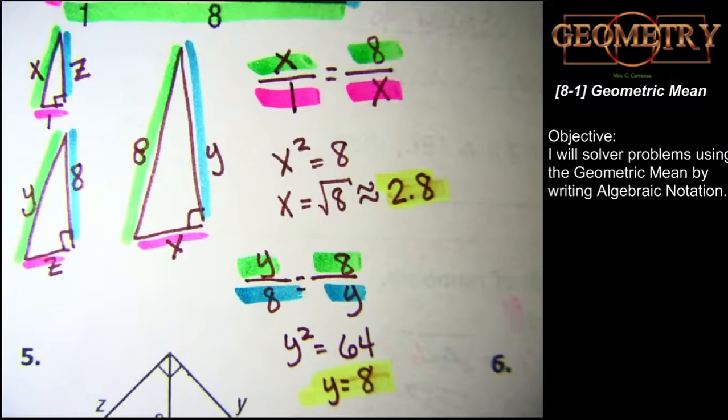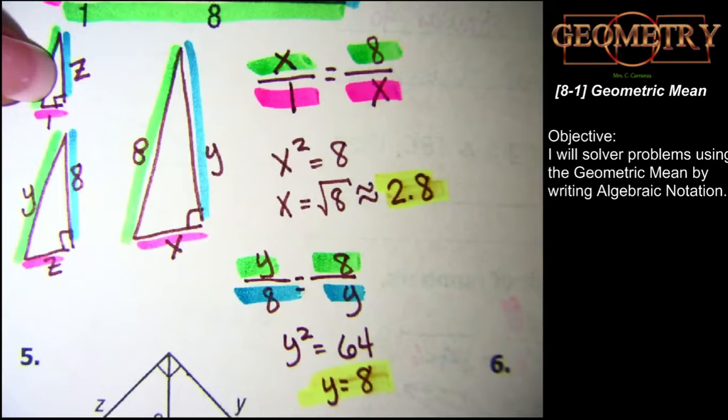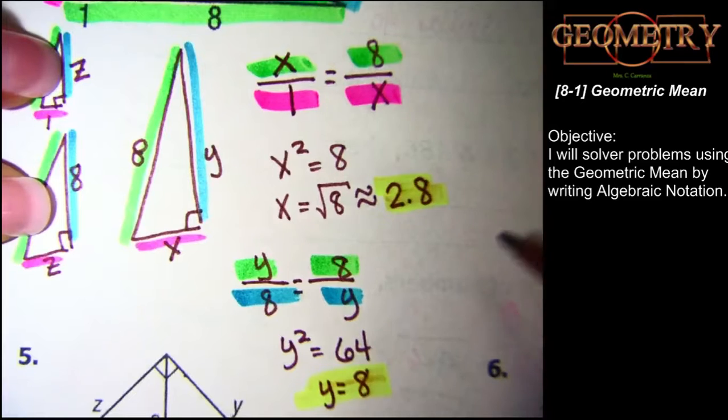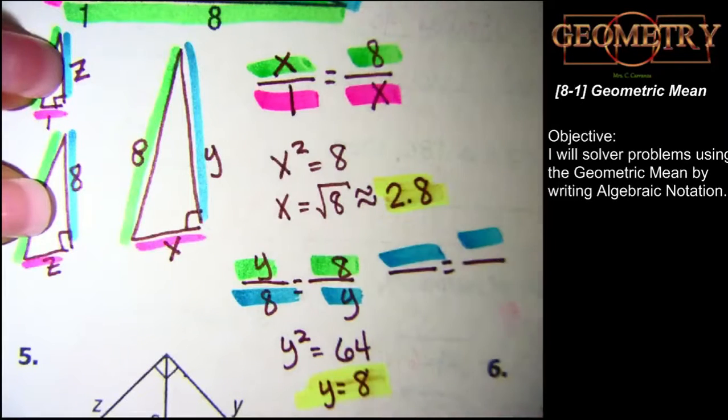All right, I need to find z now. Blue and pink. So I'm going to set up my proportion with blue and with pink.